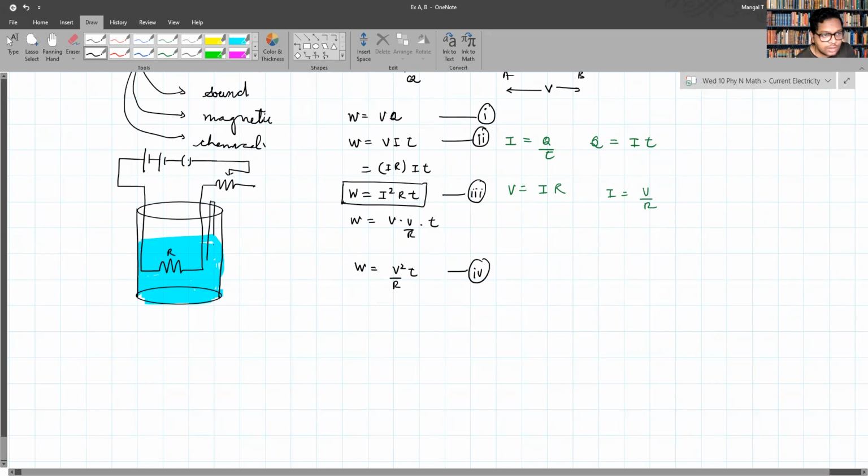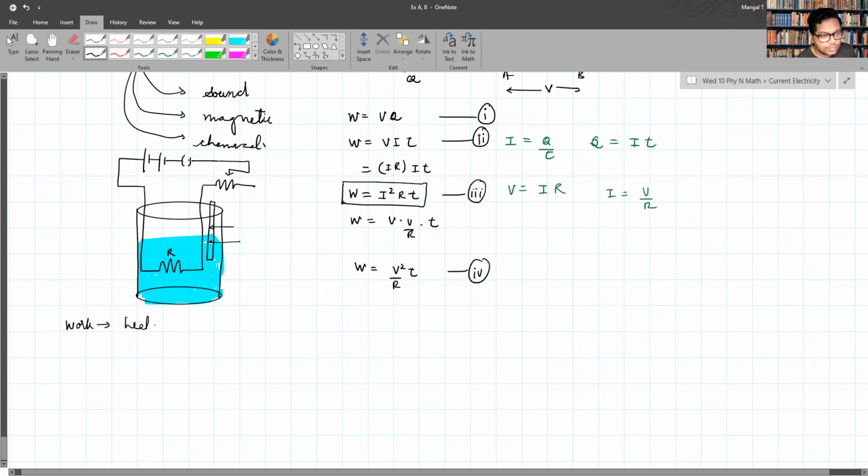You can have a thermometer that can measure the temperature, and the rise in the mercury will tell you the heat that is taken. So over here, work can be converted into heat energy.